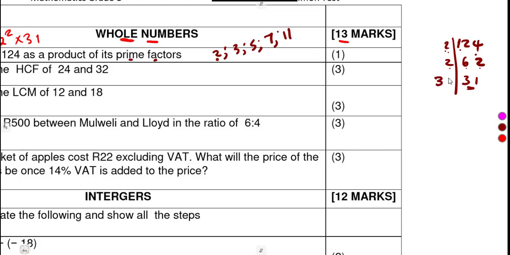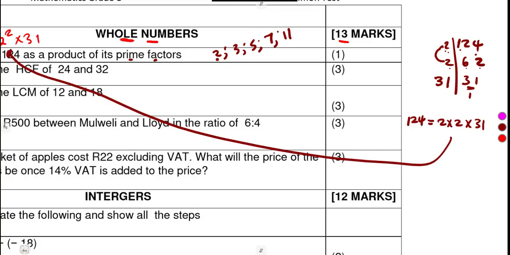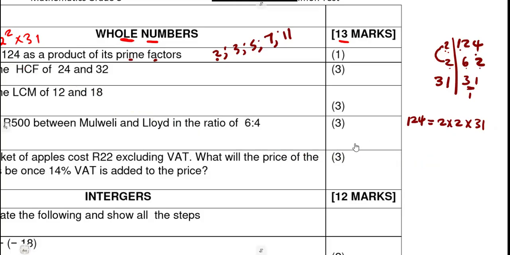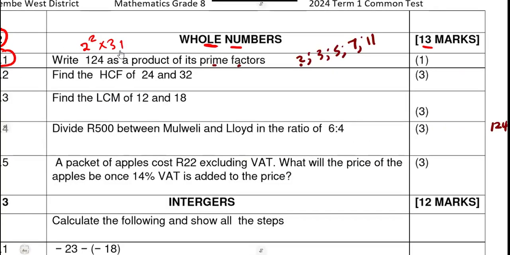So we are going to have just 31 as it is. So this 124 can be written as 2 times 2 times what? 31. Which is the same as what we wrote there: 2 to the exponent of 2 times 31.